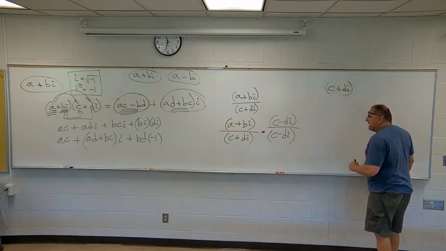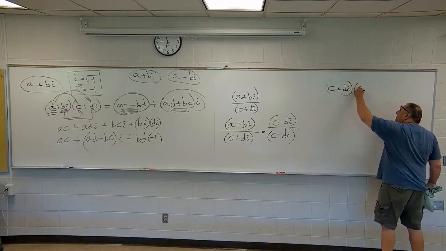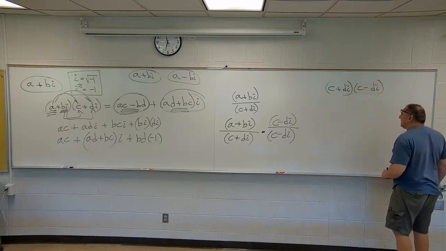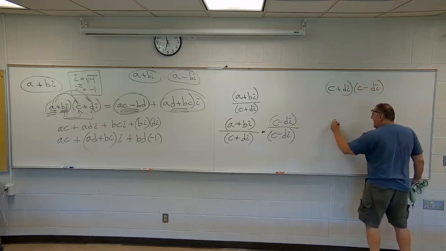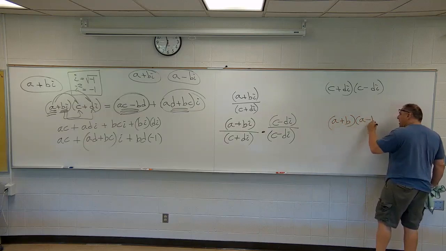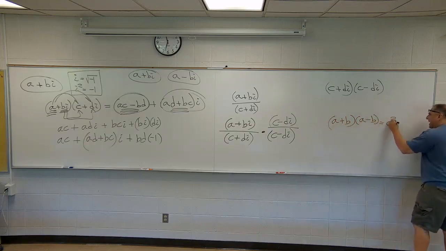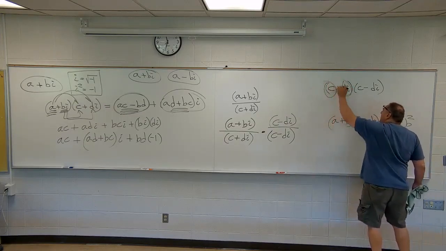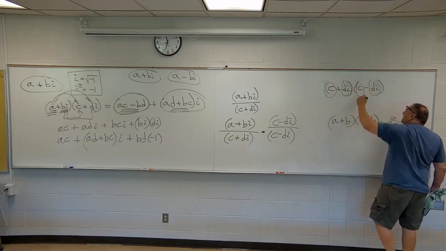C plus DI times C minus DI. You guys remember back in the day we talked about the quantity A plus B times the quantity A minus B, and we got A squared minus B squared. Well, this guy becomes the A, this becomes the B, here's the A again, here's the B again.